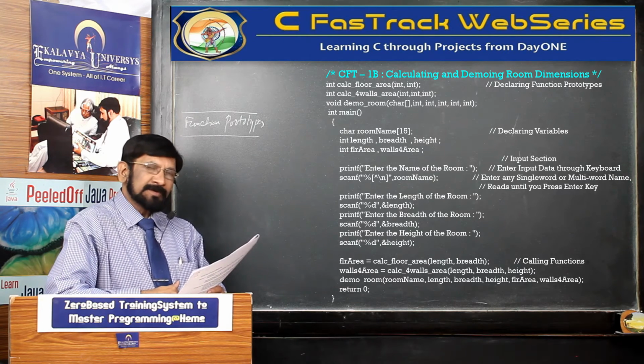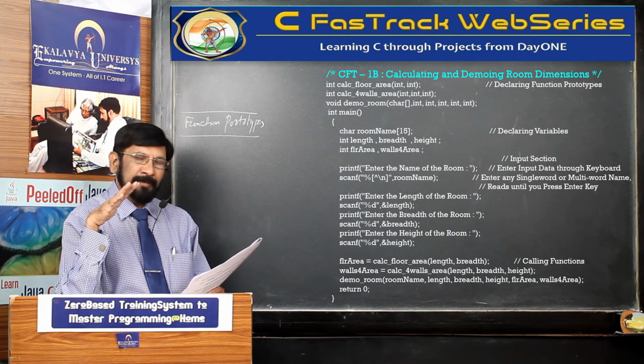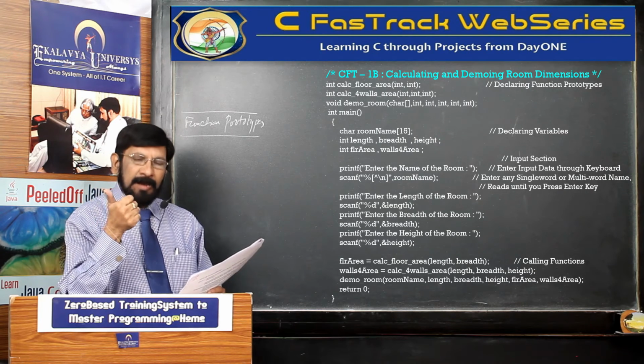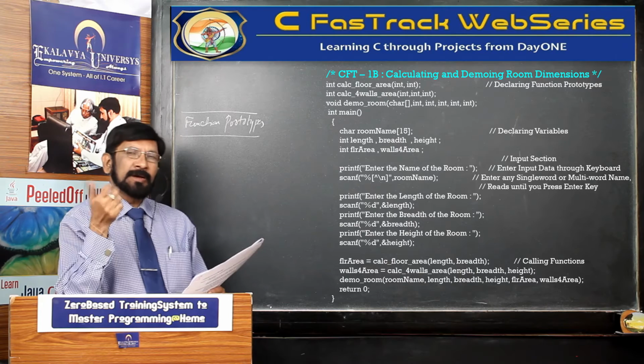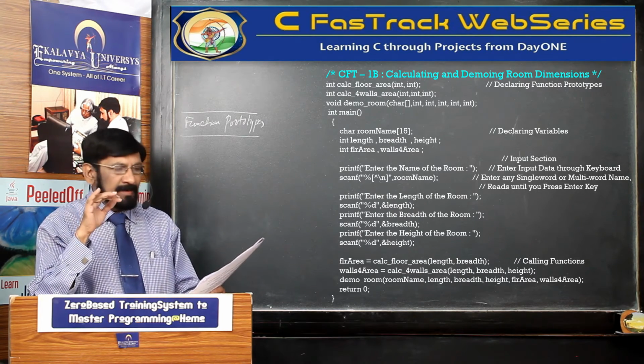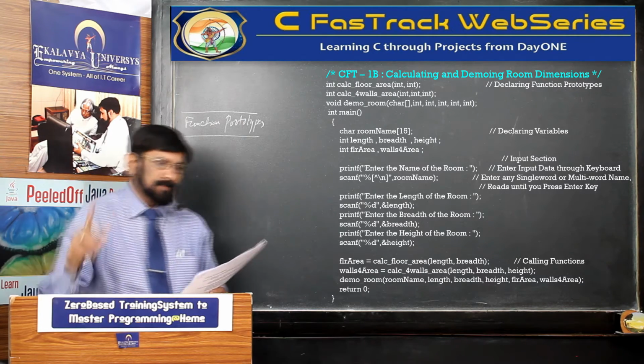And the third function is different. This is demo room, means displaying room. In that, what are you displaying? You are displaying the name of the room, length, breadth, and height. Thereafter, the floor area and 4 walls area. So, first one is a string. Char, square brackets. I explained this concept in the concept zone.